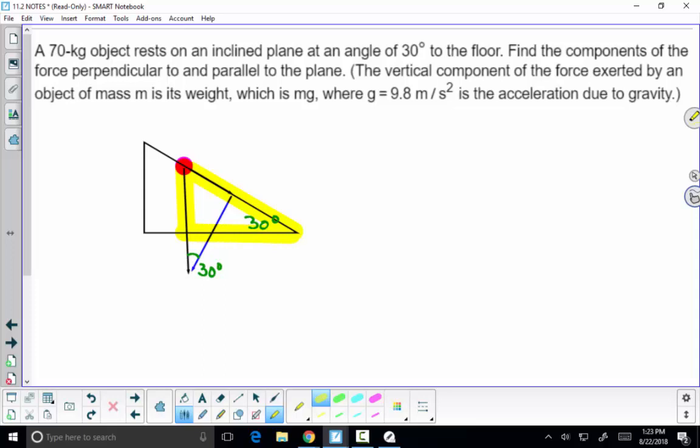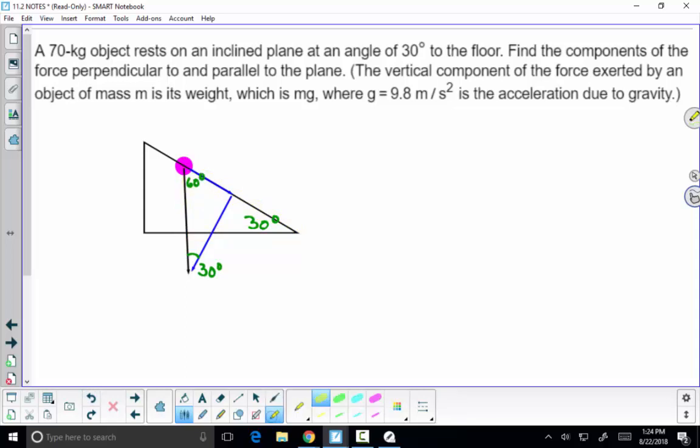If that angle is 30 degrees, and this angle right here is a right angle, that forces this angle up here to be 60 degrees. Everybody okay with that? So that yellow triangle is 30, 60, 90. So we know that that angle up there is 60 degrees.